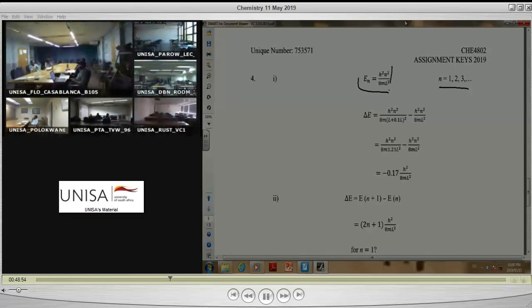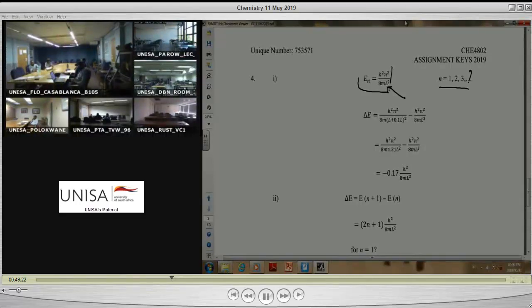Okay? So we are looking at that quantity here, L. Now, if we increase L, what do we expect will happen to the energy? It will decrease.